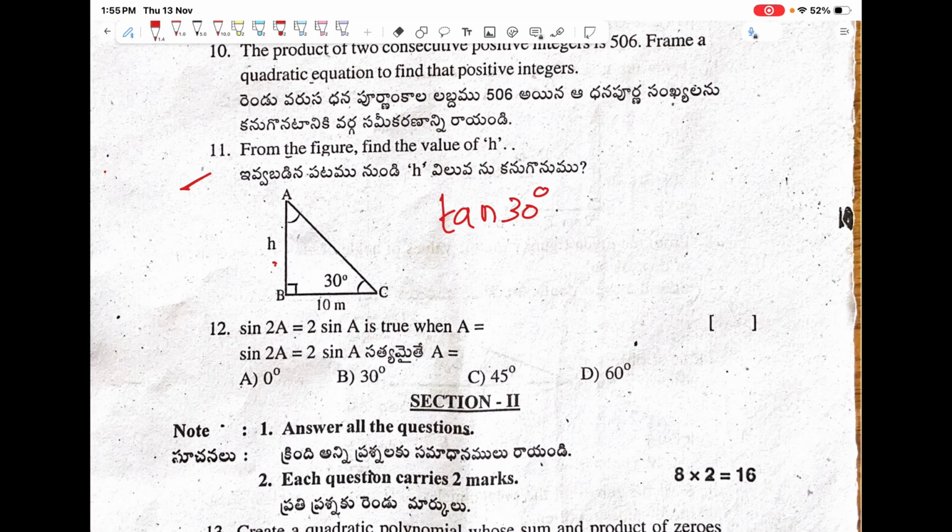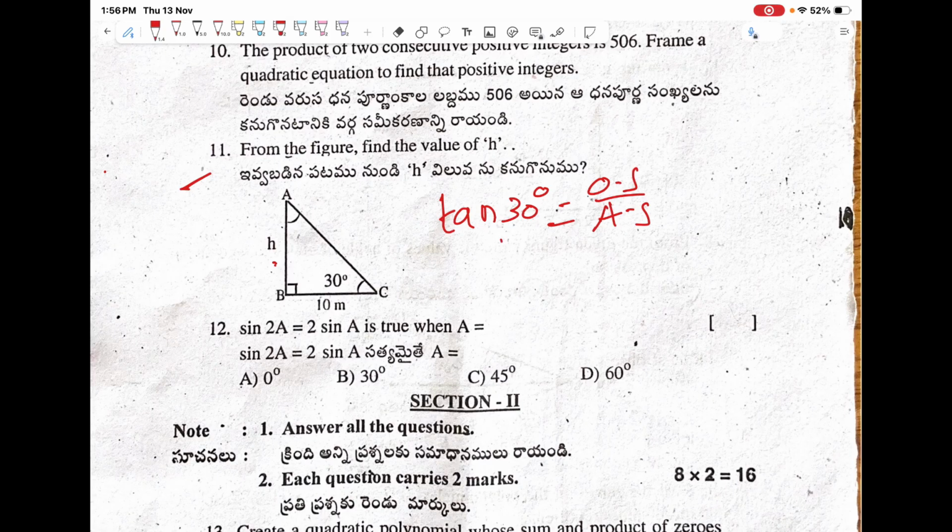From the given options or choices only, we have to take the ratio. The opposite side is not mentioned, the adjacent is given. The ratio related to these two sides is tan theta. That's why we have taken tan theta, opposite side by adjacent side.